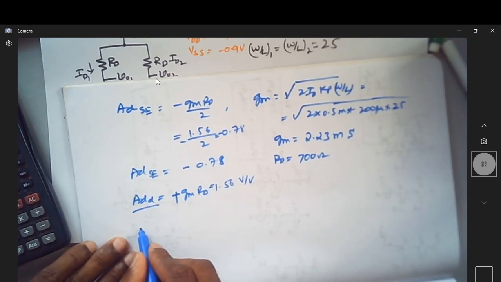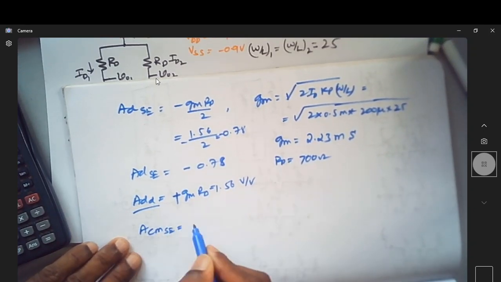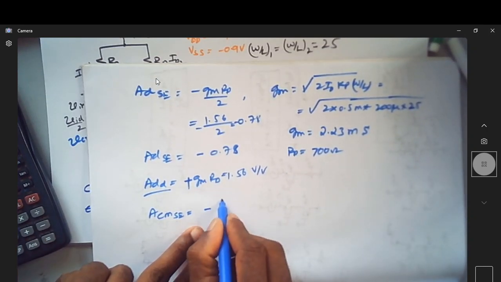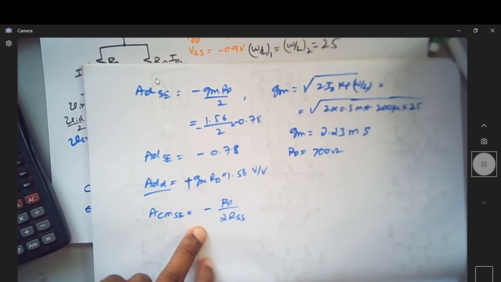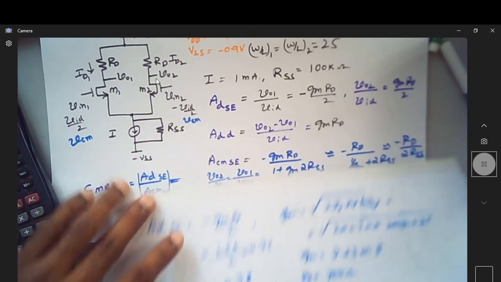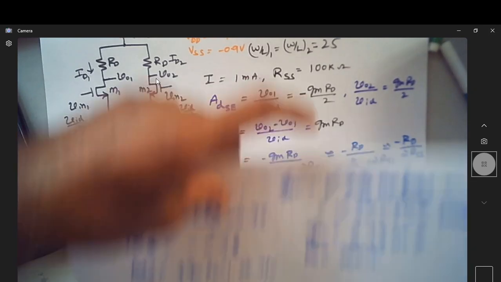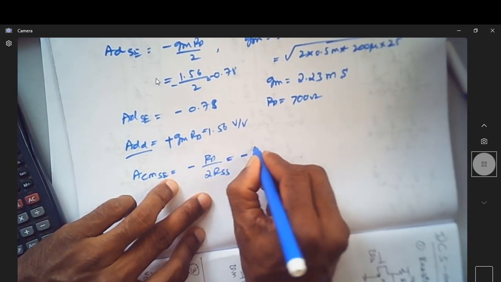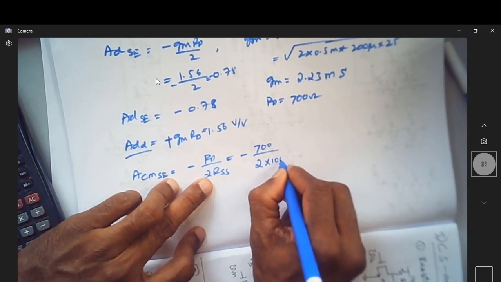So let us try to find out what the common mode single-ended gain is. As we know, the expression is minus RD by 2 RSS. RD is 700, so this is minus 700 by 2 into RSS, which is 100K.